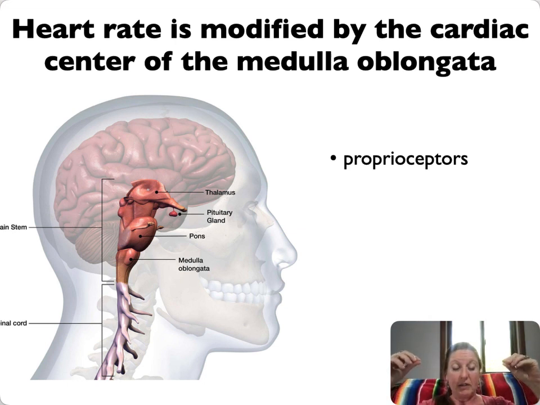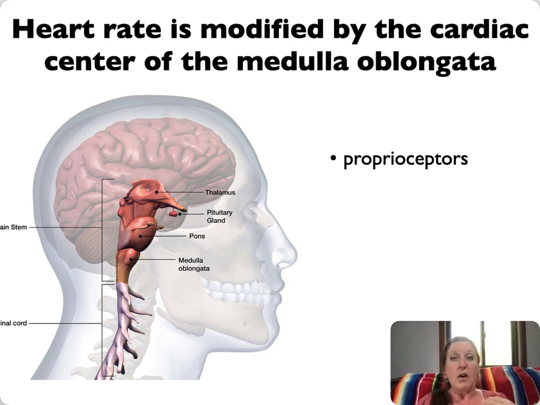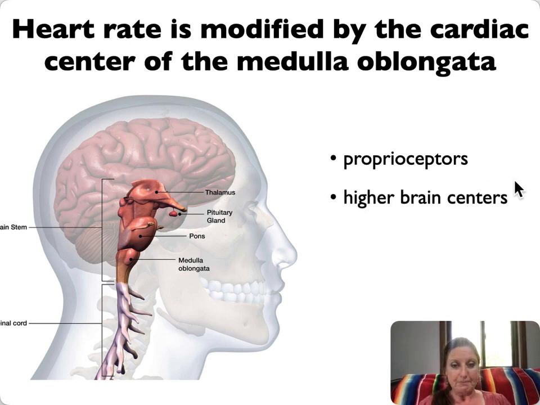When that skeletal muscle fiber contracts, it gets shorter and fatter. That causes the proprioceptor to send a signal, saying, hey, the muscle's moving. And when the muscle fiber relaxes, gets longer and thinner, then that signal stops. So proprioceptors are a way to alert the brain, the medulla oblongata, to the fact that we are moving. And if we're moving, we probably need more blood delivered to be able to support that.